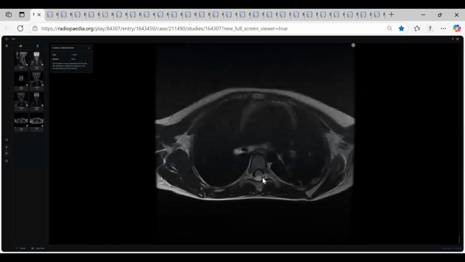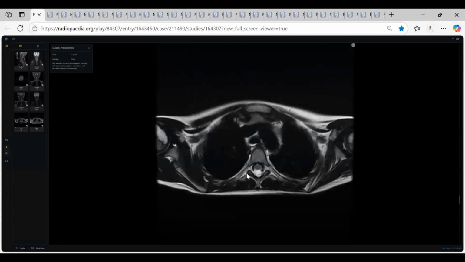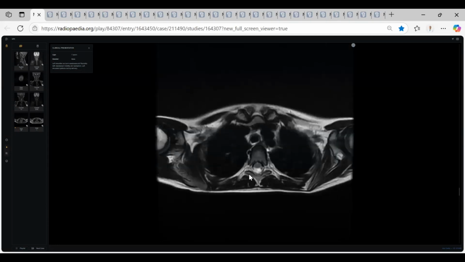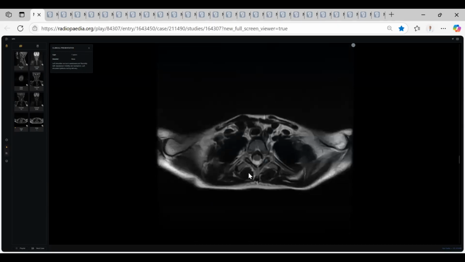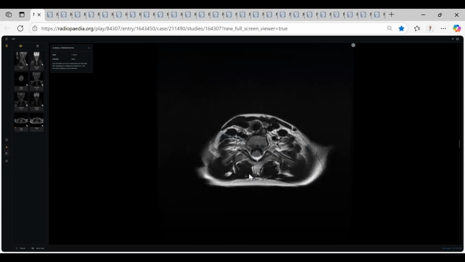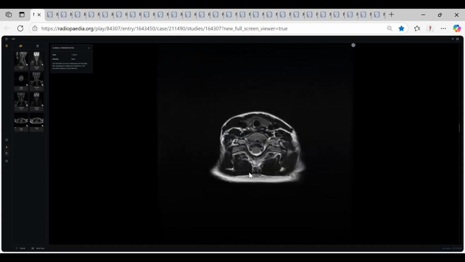Or in the sagittal, where did you find your pathology? Which region? That's the exit neural foramina. Where, in dorsal or in cervical? I think it's in the cervical region. Okay, so look in the axial, in the cervical.